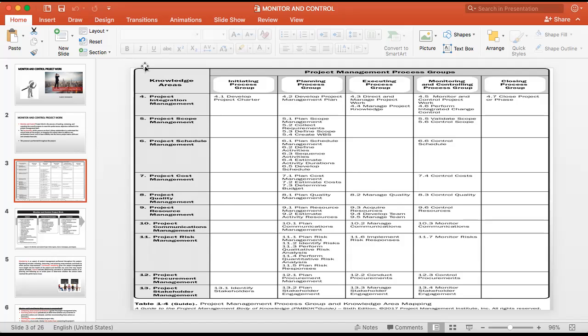So what is the responsibility of project integration management?